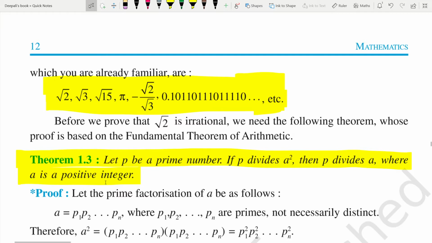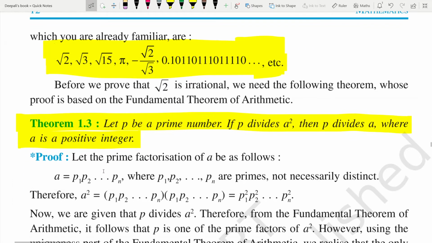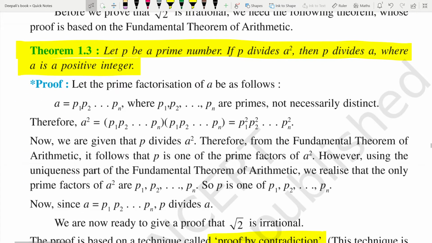To prove that, we need to understand one important theorem which is based on the fundamental theorem of arithmetic. Theorem 1.3. Let p be a prime number. If p divides a squared, then p divides a, where a is a positive integer.